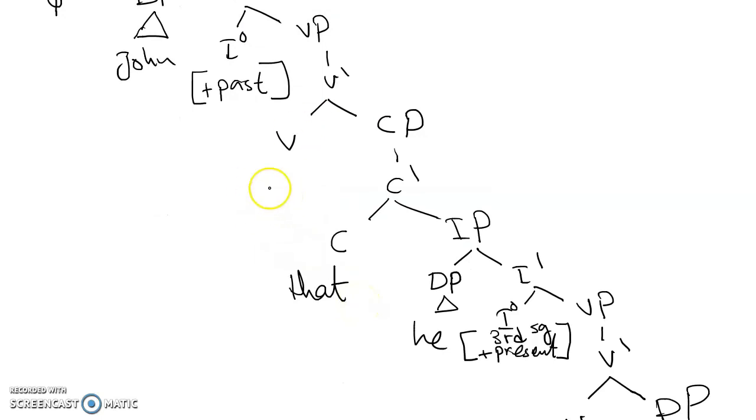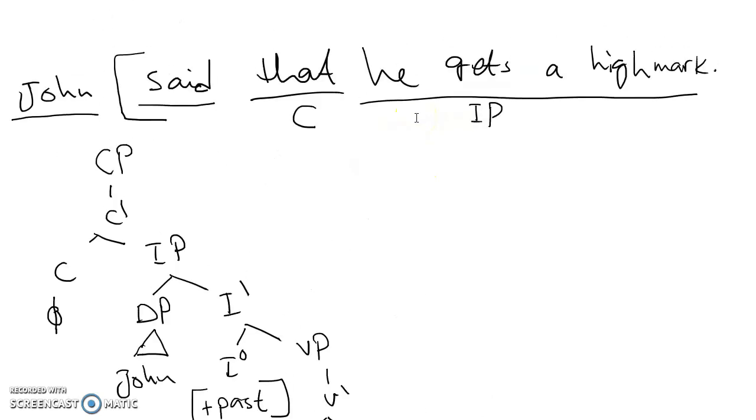Here we have said, and that he gets a high mark starts with another CP. Since we're dealing with this as an embedded sentence, it's something like an independent clause. So it starts with a subject and it has a predicate.